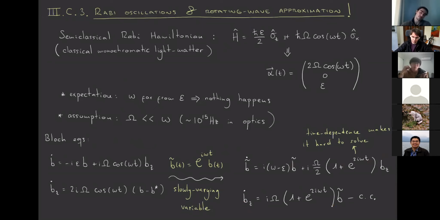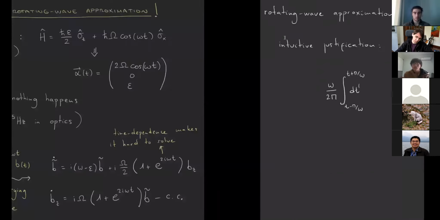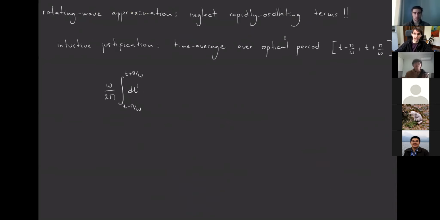So when we do that, because these equations are linear, what we will get is that averaging the equation is essentially the same as averaging the B or averaging the B tilde, or the B or B tilde multiplied by these oscillating factors. So essentially what I am saying is that we get two types of averages.